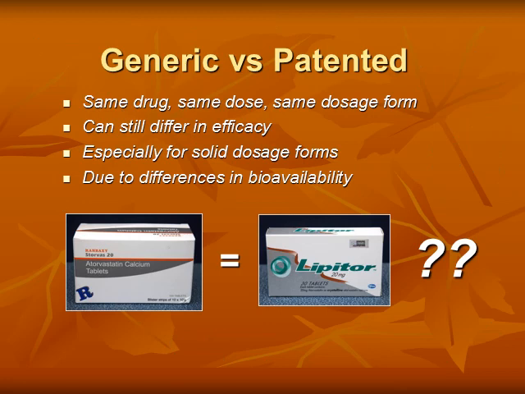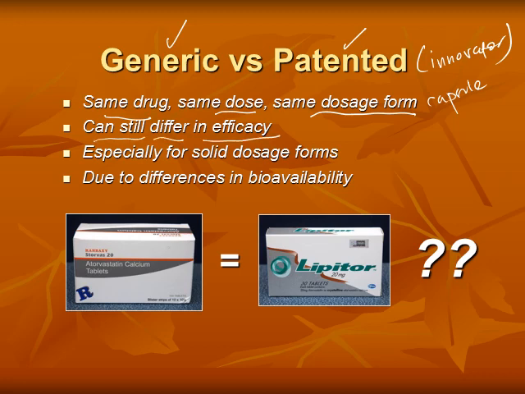So when we compare generic and patented drugs, the generic drug and the patented one from the innovator or the branded company, they have the same active ingredient, the same dose, and the same dosage form, for example capsule, tablet, etc. However, they can still differ in efficacy, especially for solid dosage forms.